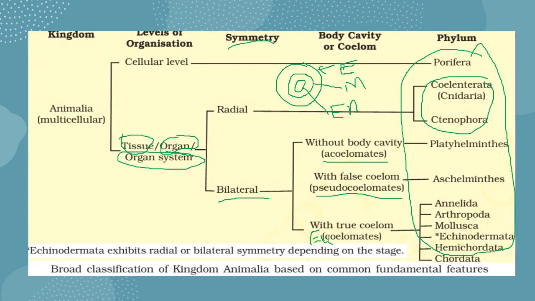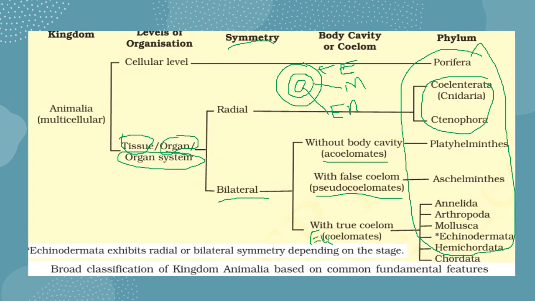And if the cavity is formed due to something other than mesoderm, then it is called pseudocoelomate, meaning there is no real cavity, but it appears like a cavity is present.